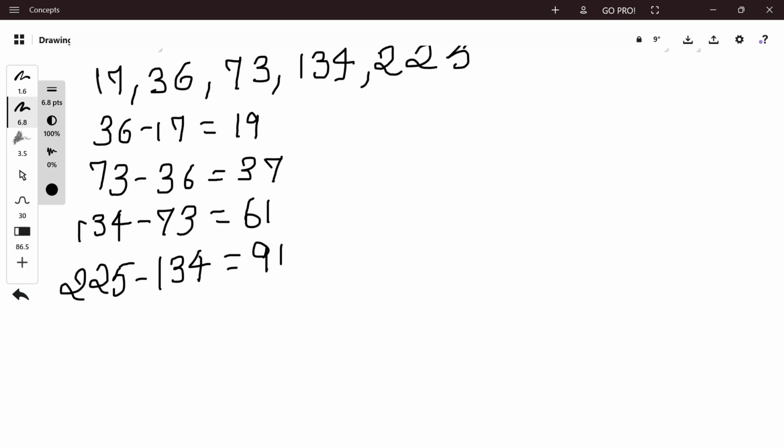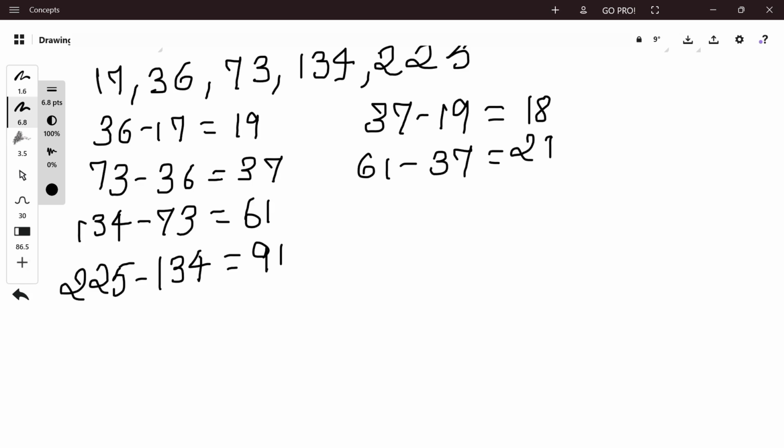Calculating the second difference, that is 37 minus 19, which is equal to 18. 61 minus 37, which is equal to 24. 91 minus 61 is equal to 30.